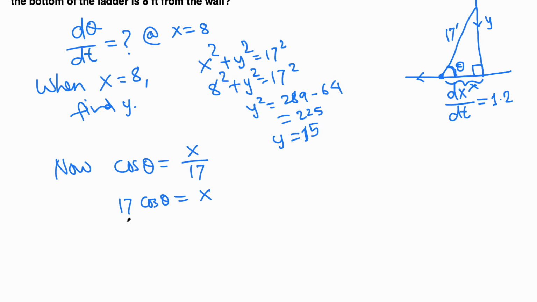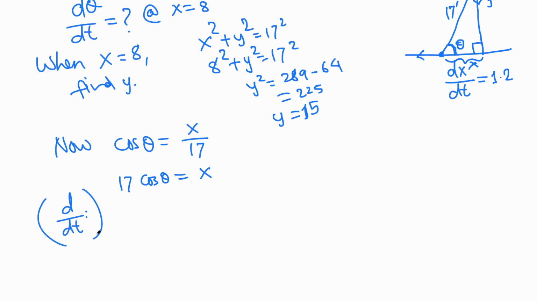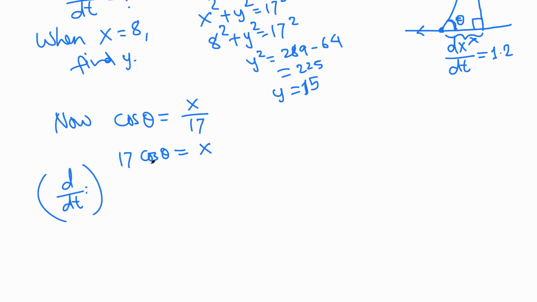Now let's find the derivative of both sides with respect to t. That gives 17 times the derivative of cosine, which is negative sine theta, times, from the chain rule, d theta over dt, equals the derivative of x, dx over dt.